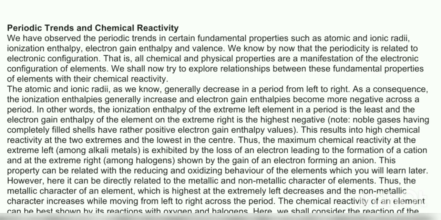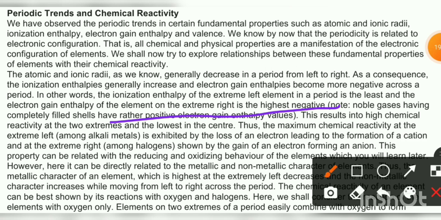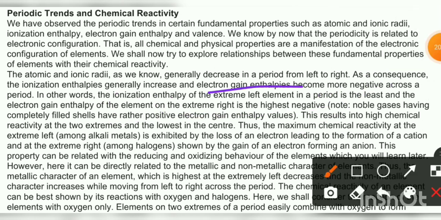And the electron gain enthalpy becomes more negative when we move from the first group elements to the 17th group elements. Here we observe the more positive value. Here we observe the more negative. That means more amount of energy is released. More amount of energy released during the addition of an electron means more electron gain enthalpy.